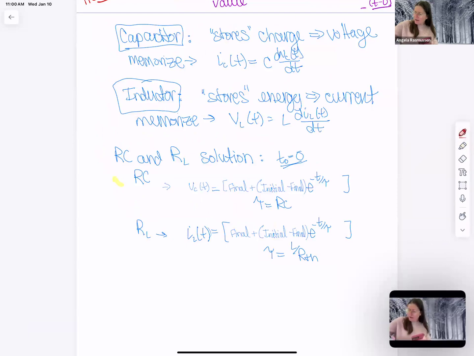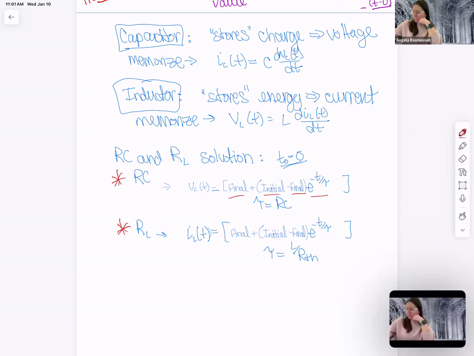For an RC circuit, you're going to solve for the voltage of it. So again, it is a voltage battery. That's how you remember what you're solving for is voltage. And then it's going to be the final plus initial minus final, e to the minus t over tau. And what was tau?